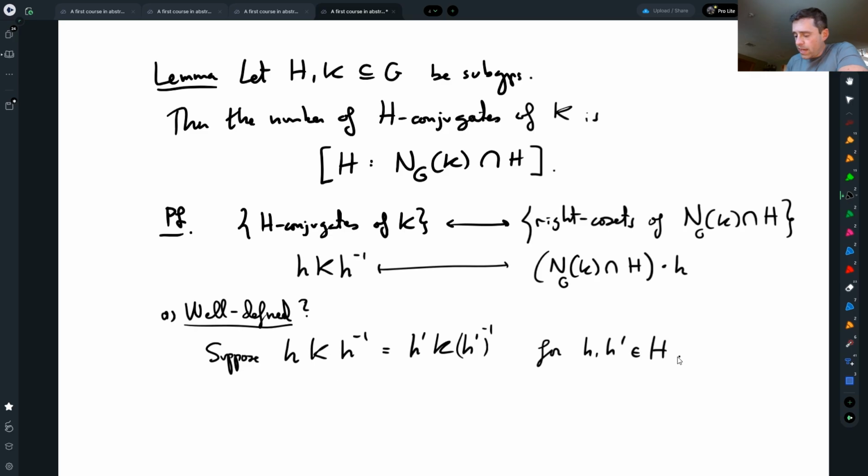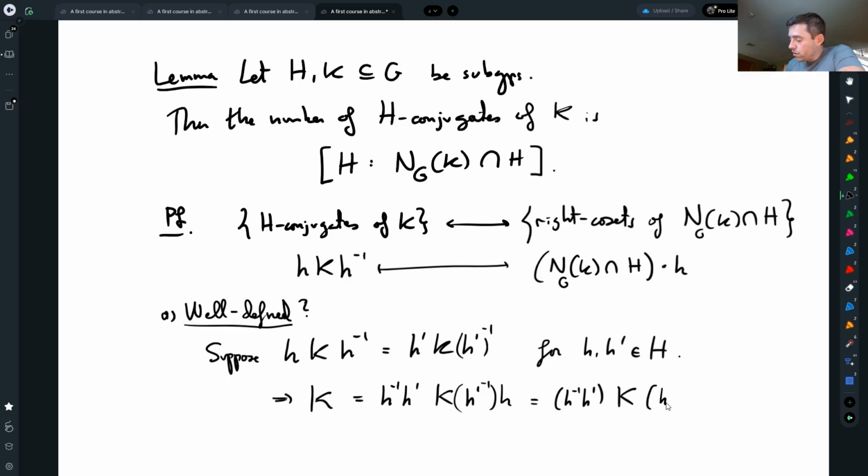Notice that if I multiply on the left by h inverse, I get h inverse h prime K, and if I multiply on the right by h, I get h prime inverse h, which is the same as h inverse h prime K h inverse h prime inverse.